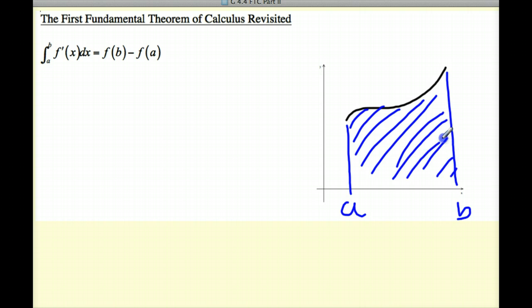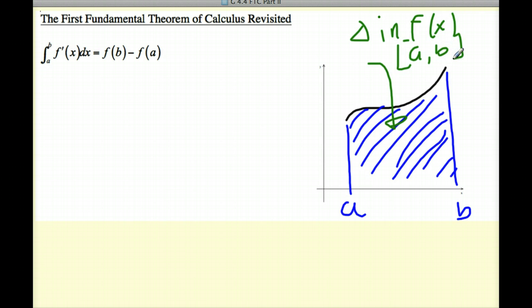Well, what's actually happening is this is showing us our change in the function f of x between a, b. So if we know how much something is changing and we are given an initial condition, we can find an end value, and that's what we're going to use this theorem for.